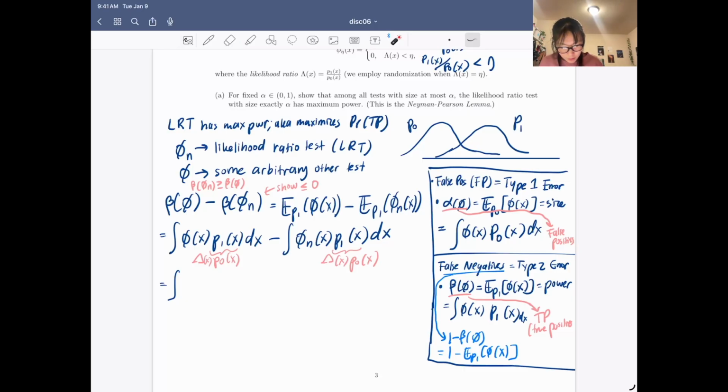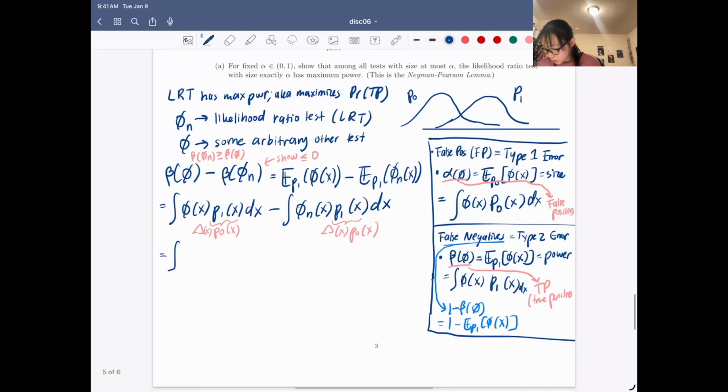I'm also going to combine these integrals together by subtracting this from this, because notice how p1 of x is the same, so this part is also the same. We can take this out and then combine these, because the only things that are different are phi of x and phi of n of x. So this is equivalent to phi of x minus phi of n of x, and then we take out the lambda of x times the p0 of x, and then this is all with the dx at the very end.